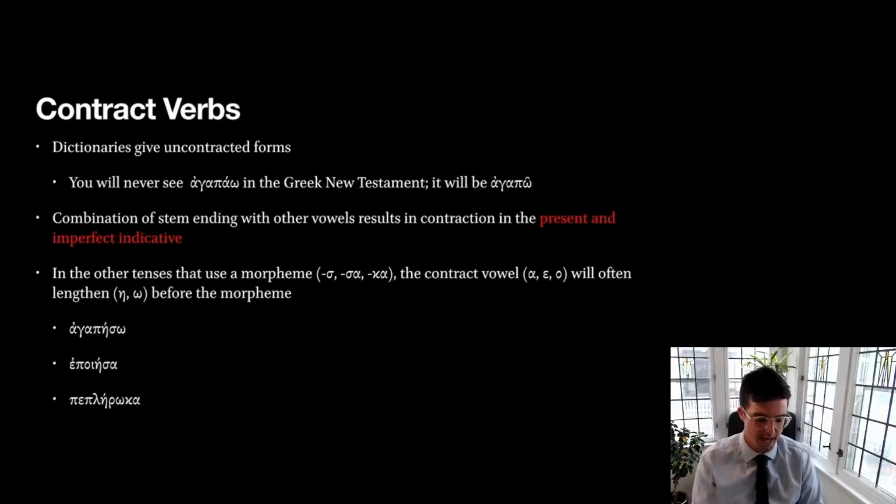And then to give you an example of an omicron contract verb, plerao, in the perfect first person singular, pleroka, the omicron has lengthened to an omega here with the addition of the kappa alpha here. So that plerao has gone to pleroka.